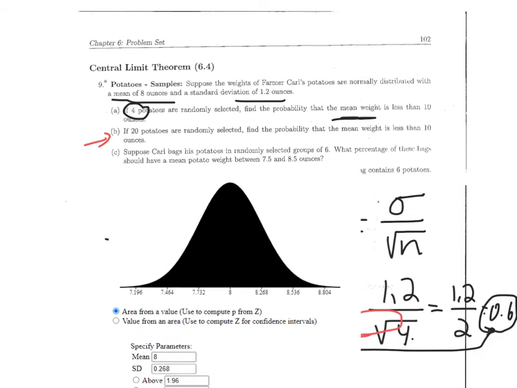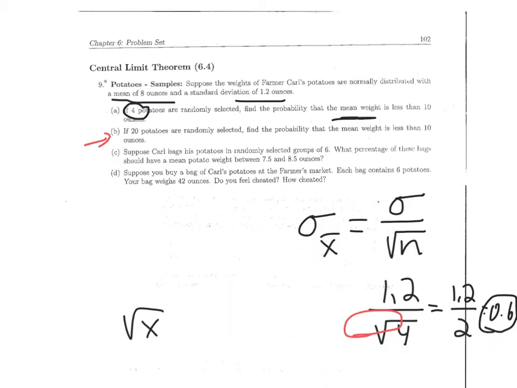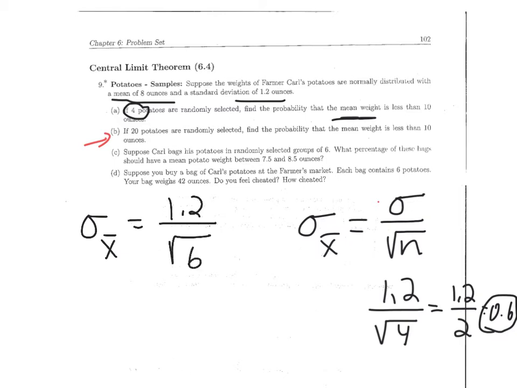So let's see what changes with this. What changes, the central limit theorem says those averages of size 6 will have a standard deviation of 1.2 over the square root of 6. On my calculator, I just did it all in one swoop.